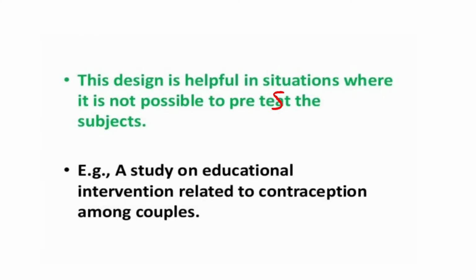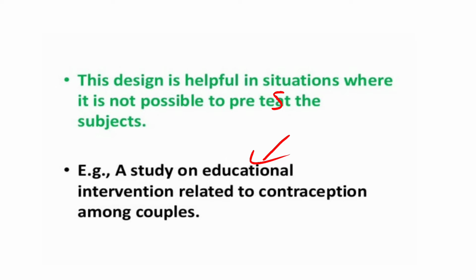Example, a study on educational intervention related to contraception among couples. Here the couples are assigned randomly to the experimental group and control group. There is no pre-test, as I have told earlier. But educational intervention is provided only to experimental group couples and not to control group couples.